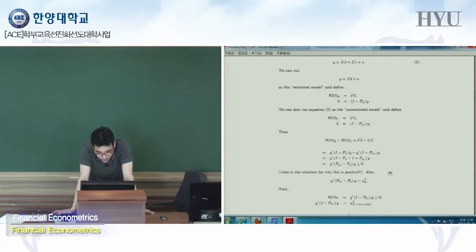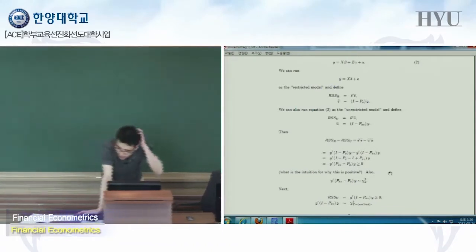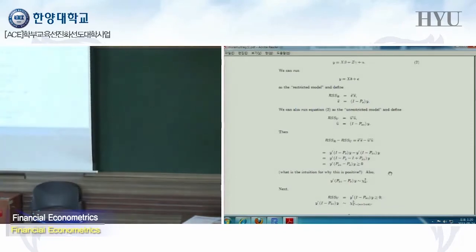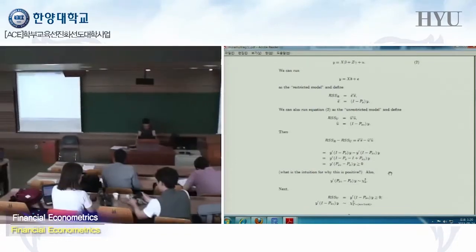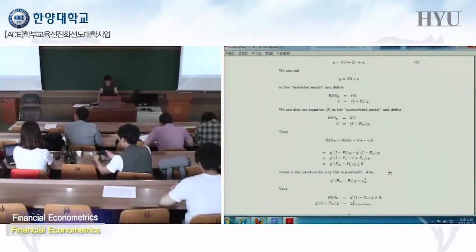Therefore, if we put those projection terms together, it is y prime, (I minus px) minus (I minus pxz), and the identity matrix cancels out. Therefore, we eventually have y prime (pxz minus pxy), which should always be greater than or equal to 0, as I said.